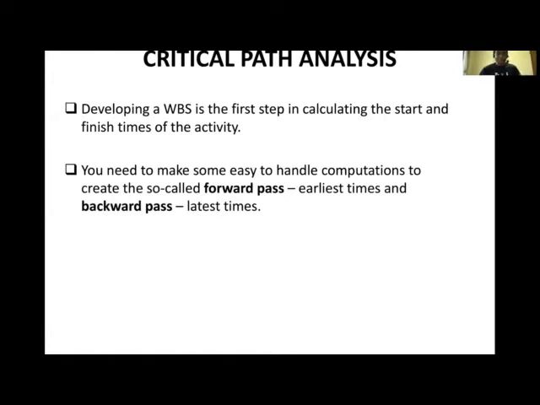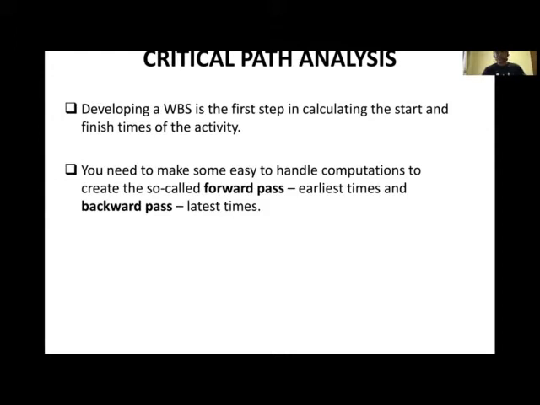The first one, you must be able to develop the WBS, which, as we know by this time, stands for work breakdown structure. It's supposed to be the first thing that you need to do before you do the critical path analysis. Then secondly, you need to make easy-to-handle computations to create the so-called forward pass and the back pass. So basically three things are very cardinal for us to do the critical path analysis.